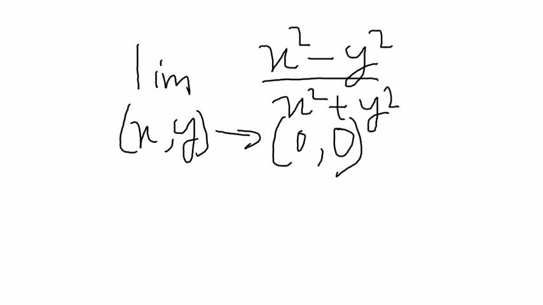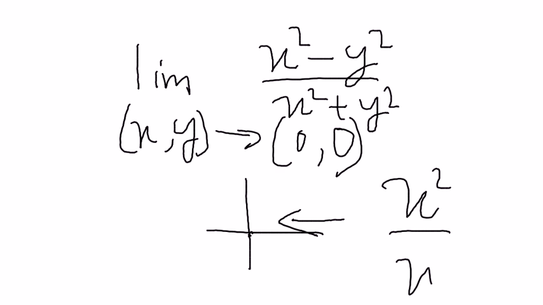Now let's approach it along the x-axis. So what we have here, we have (0, 0) right there. And if we approach it along the x-axis, like this, then our y-coordinate is going to be 0, right? So we can just plug in y equals 0 there. So then what do we get? We get x squared by x squared, that equals 1.